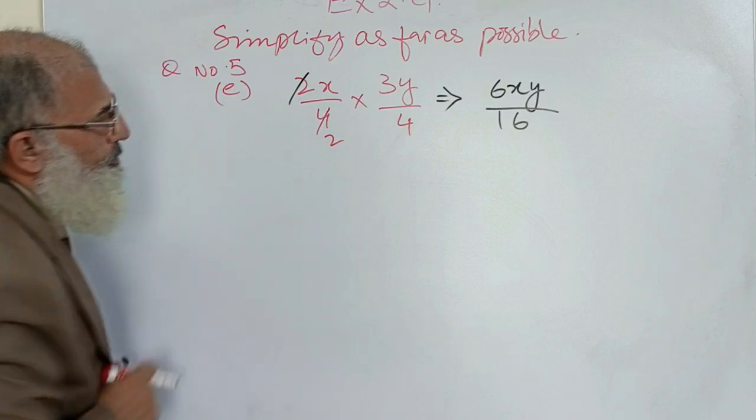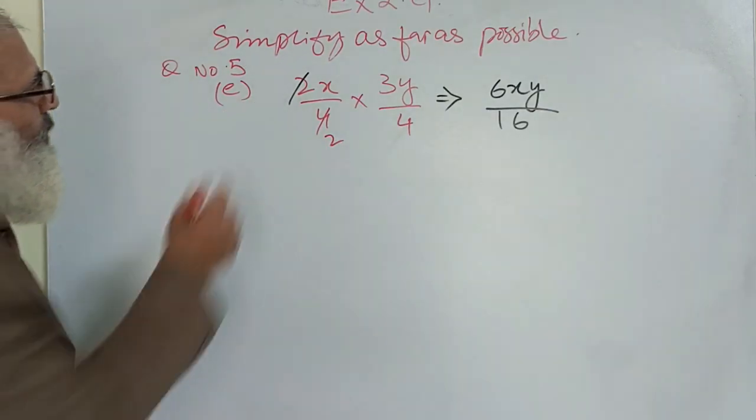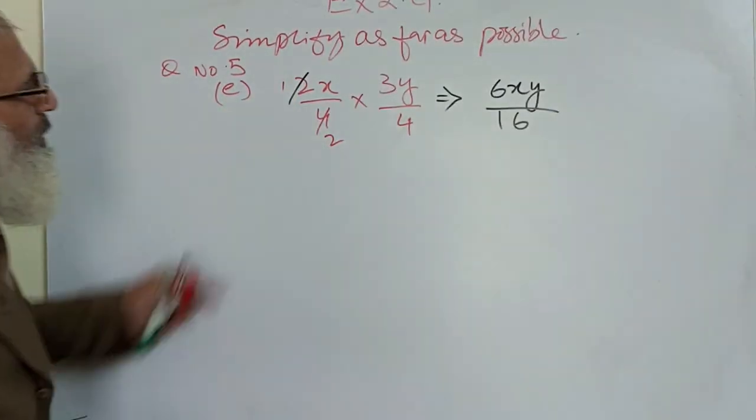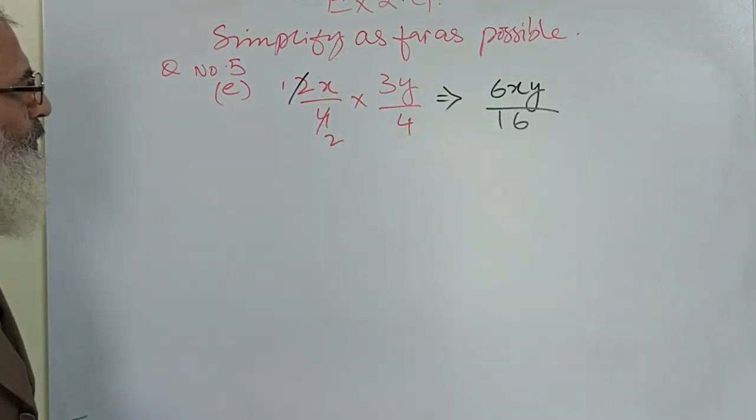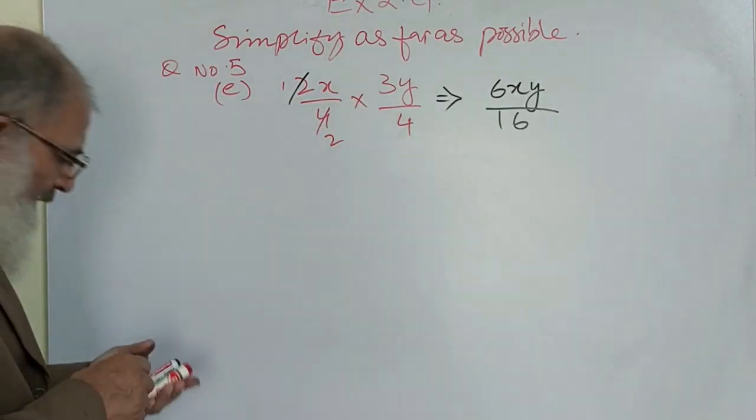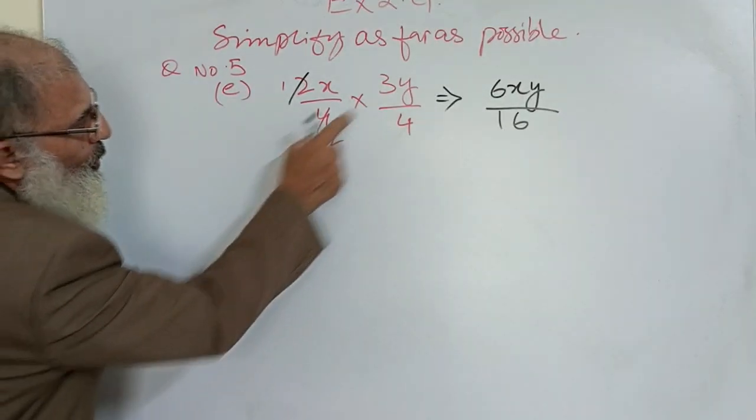2 times 4, 1 times 2 times 4, 3 and 4. So what is left behind is 1 upon 2 and 3 upon 4.